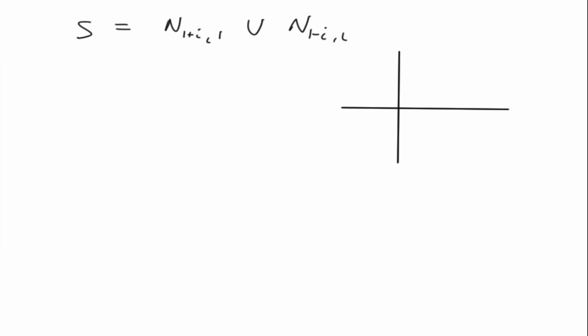Let's try doing this then. So here we go. We'll have a point here. That's our i. Here's our i axis right there. And then there's a 1 right there.